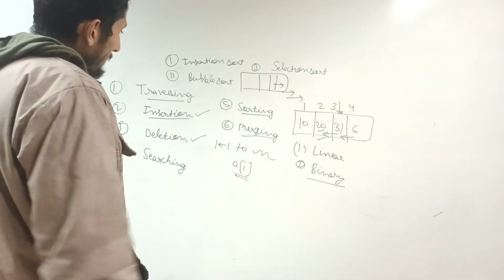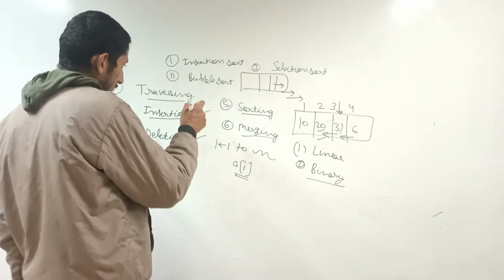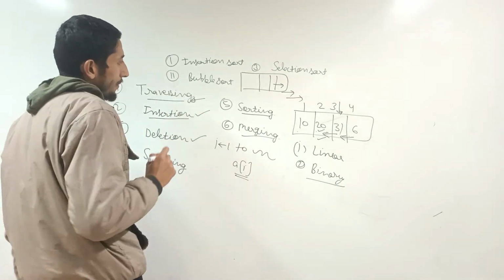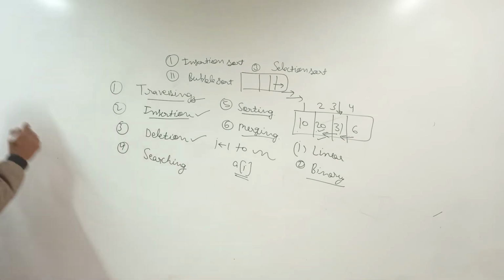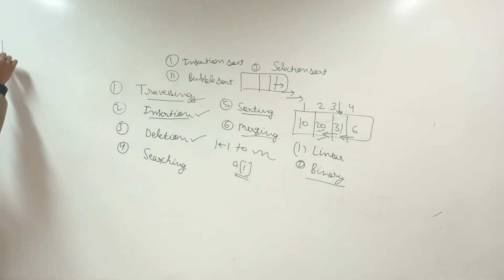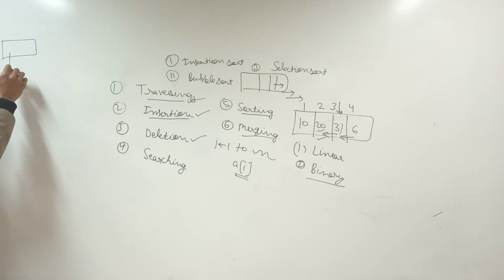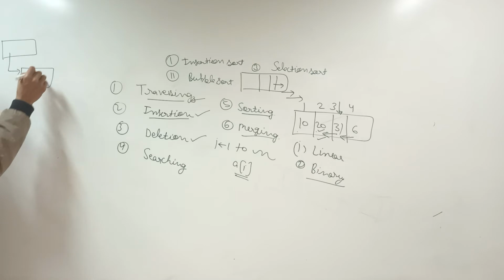Okay, so what will happen in the case of traversing? What will happen with a linked list? Let me give you the idea about this one. Let's say I have a linked list like this. I have a start pointer, and that is the first node. The data is 30.